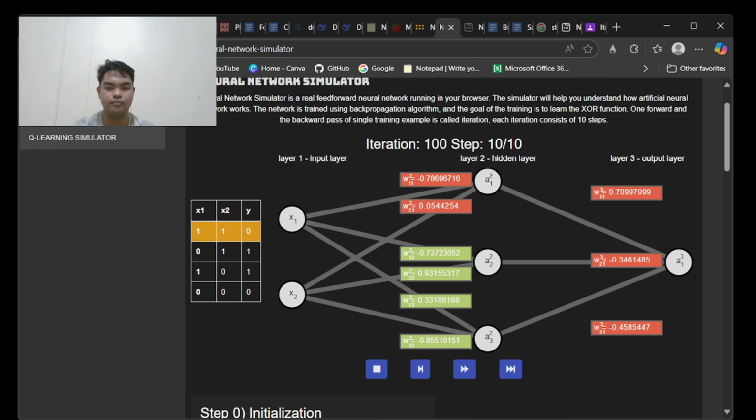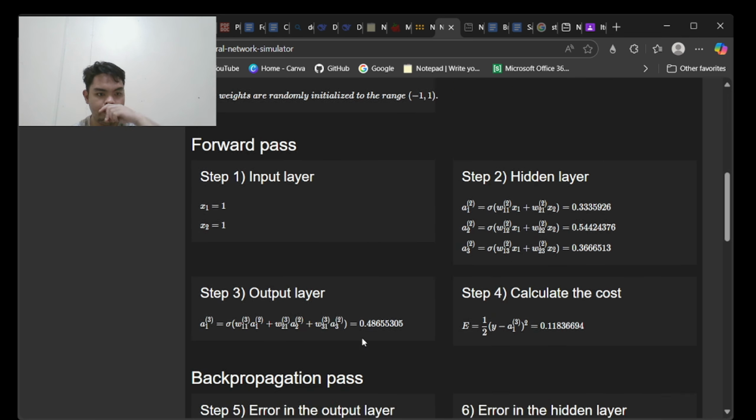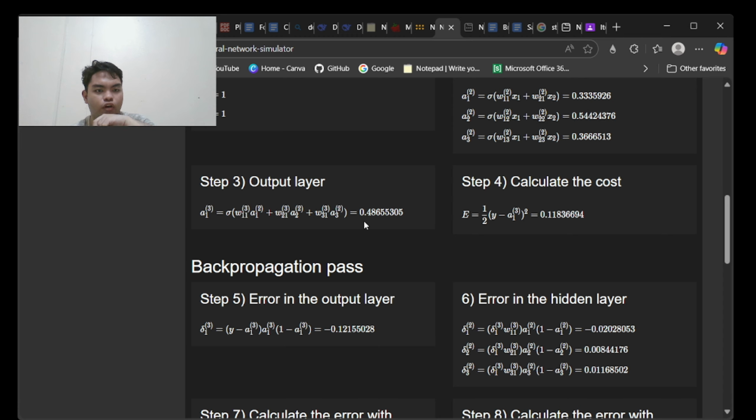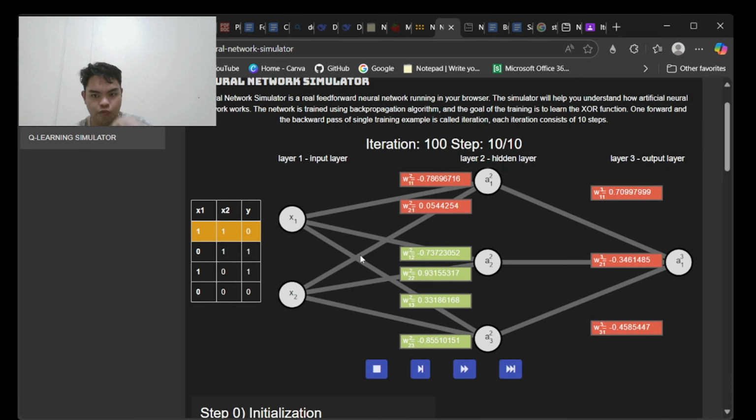For our input of 1 and 1, the neural network correctly outputs approximately 0.488, which is close to the target value of 0.